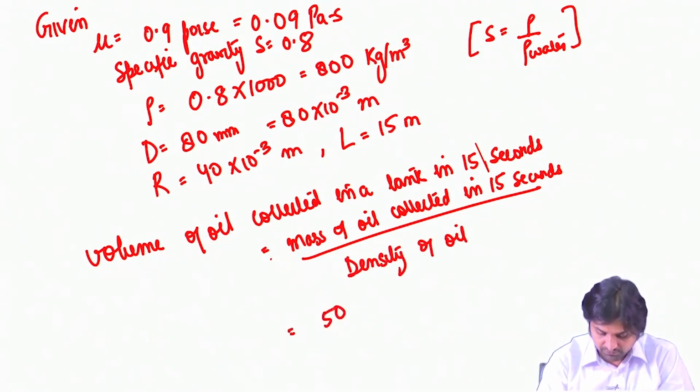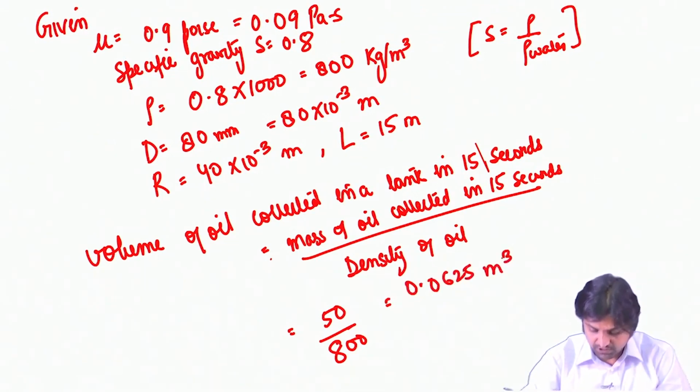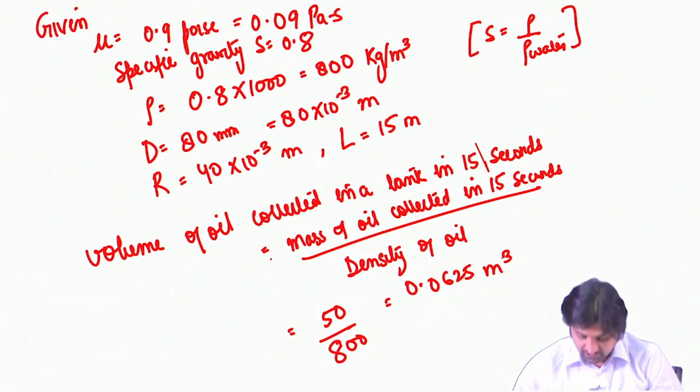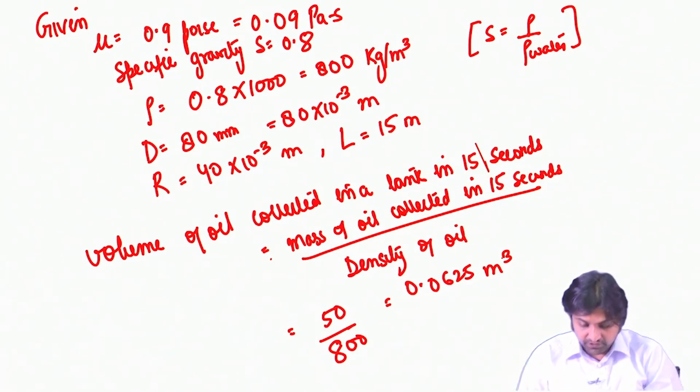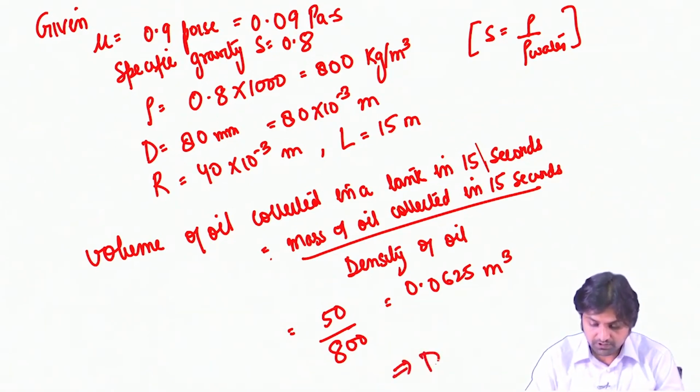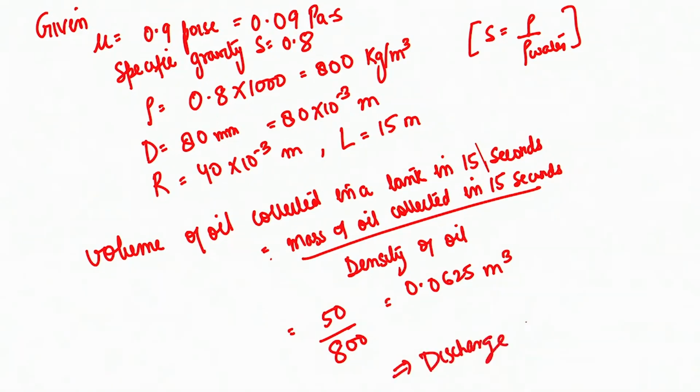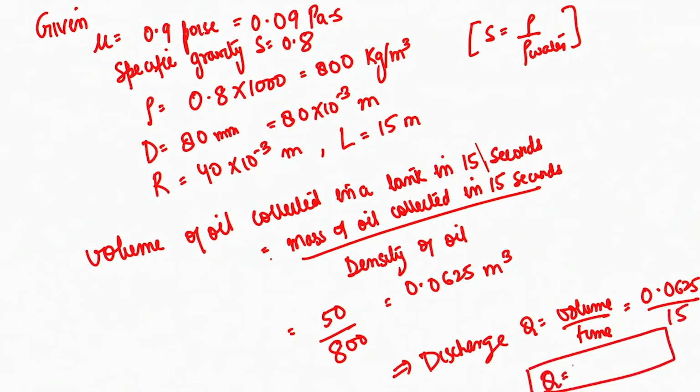That is 50 divided by 800, that is 0.0625 meter cube. This is the volume of the oil collected in the tank in 15 seconds. Therefore, discharge Q is equal to volume by time, equal to 0.0625 divided by 15. Q is 4.17 into 10 to the power minus 3 meter cube per second.